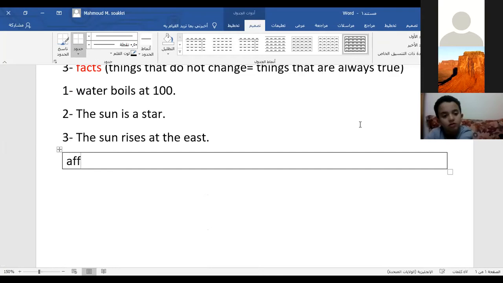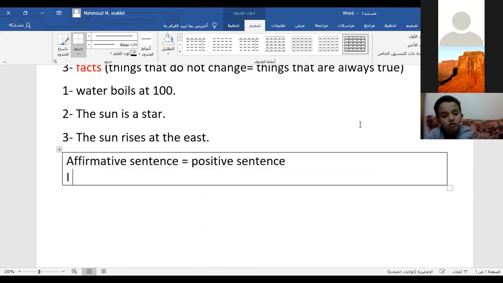Affirmative sentence. It means positive sentence.